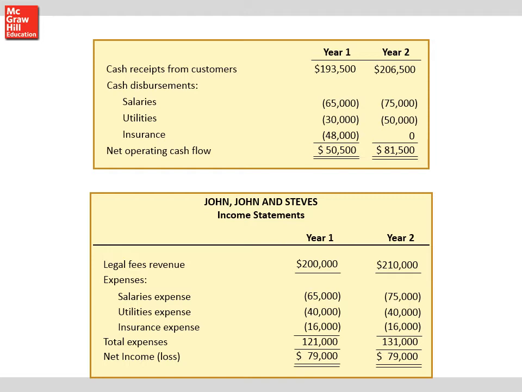Now, the final requirement wants us to figure out how much in accounts receivable the firm has. Would it show in year 1 and year 2's balance sheet according to accrual accounting? Well, you need to go back to the cash receipts from customers in year 1, $193,500.